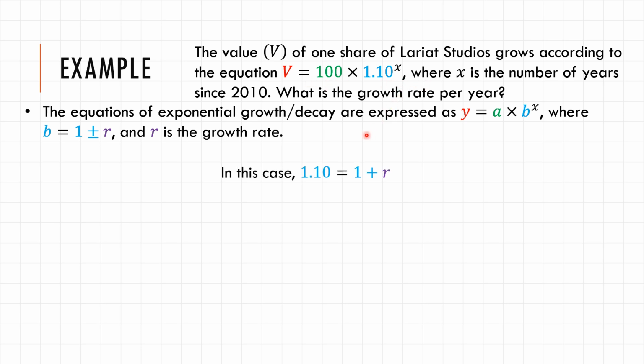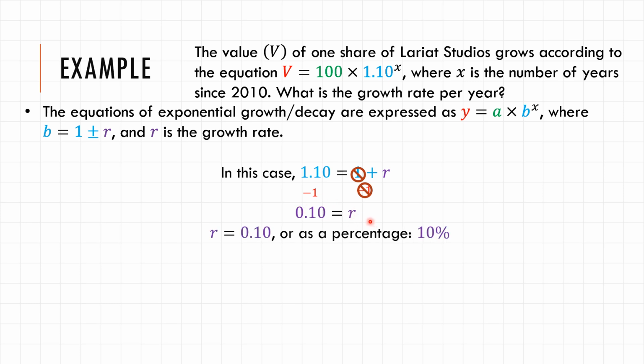And remember, the base is equal to 1 plus r, because this is a growth equation. If 1.1 is the base, and that's equal to 1 plus the growth rate, how do I find out what just the growth rate is? How do I get r all by itself? I will minus 1, because I'm trying to get rid of plus 1. And that will get rid of it because they are opposites. Then I have to minus 1 from the other side as well, and I get 0.10 equals r.